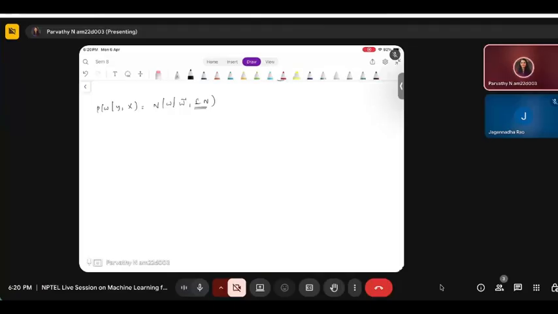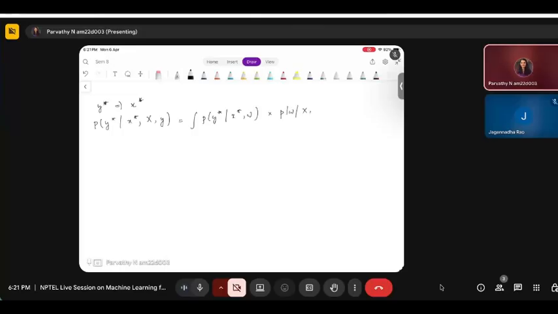Now, in Bayesian regression, we want the predictive distribution over the output y star for a new input x star. So instead of a point estimate, what we want to find in Bayesian regression is P of y star given x star, x comma y, which is the integral over P of y star given x star comma w times P of w given x comma y, dw.